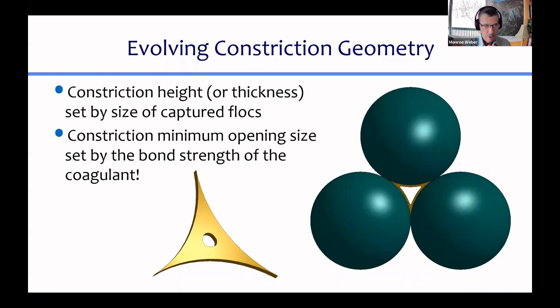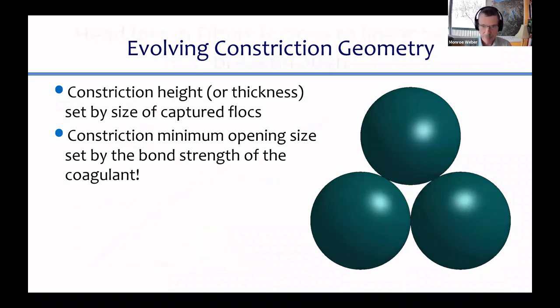So now you know why even a full filter can easily transport flocks from the influent to the effluent and have them pop right out the bottom. They just go sliding right through all those pores because the force of drag is greater than the bond strength that those flocks might have trying to attach to the wall of the constriction.